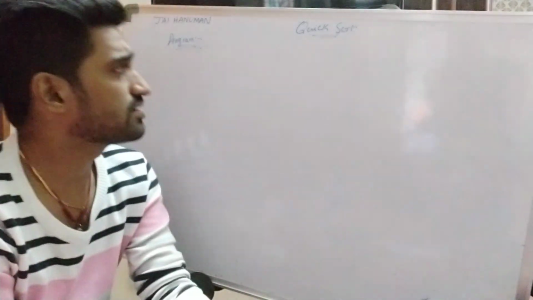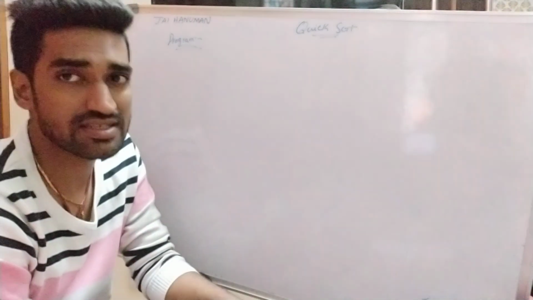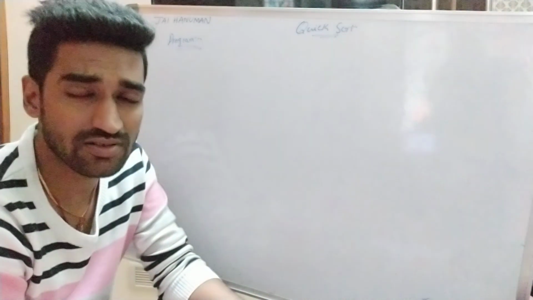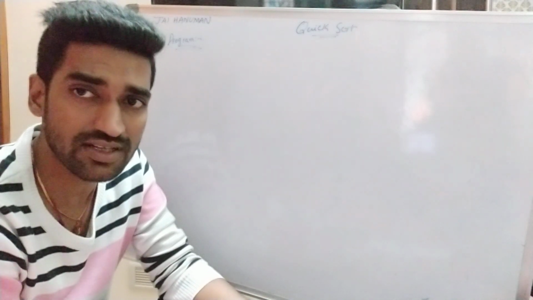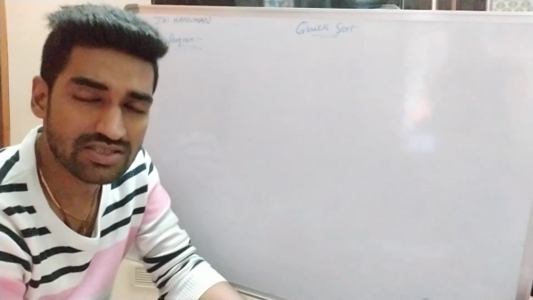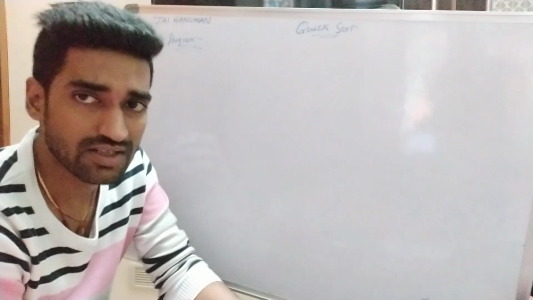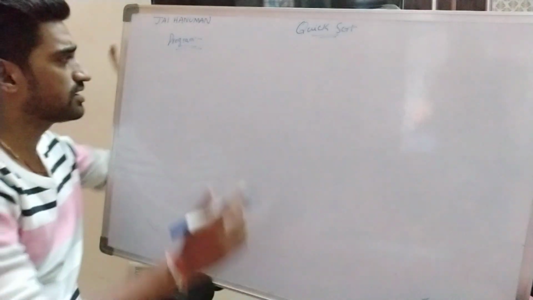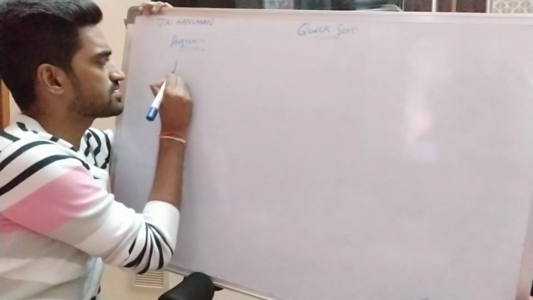In this session, I am writing a program for the quicksort mechanism using functions. For writing a program with functions, we compulsorily consider three major parts: function declaration, function calling, and function definition. First of all, I am writing the linking section.